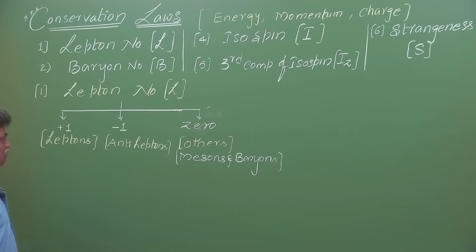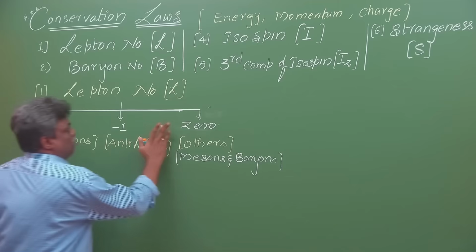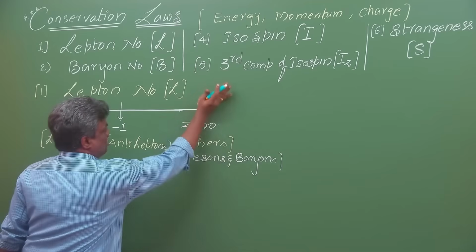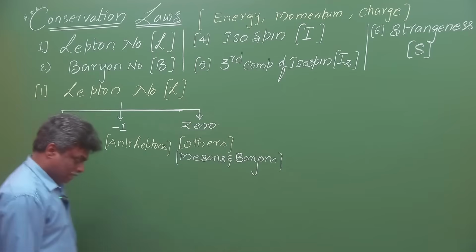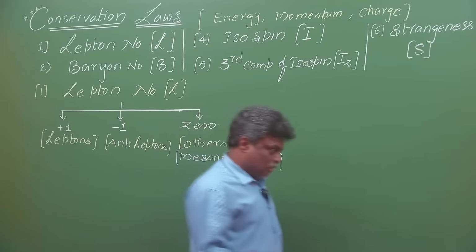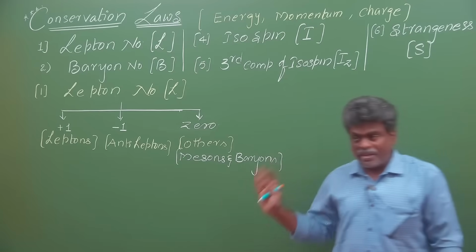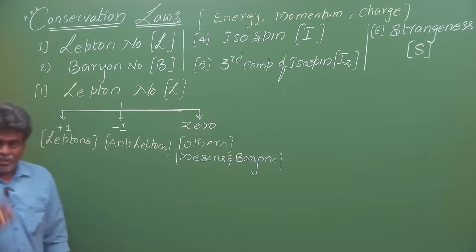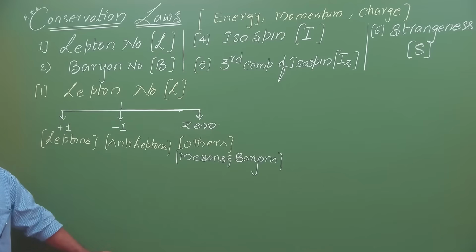That's good. Okay, now wait a minute. Some textbooks are doing the wrong thing. They are treating electron family, mu family, tau family as a single L, which is wrong. Remember one thing: if a family member is there, the same family, either particle or antiparticle, must exist.